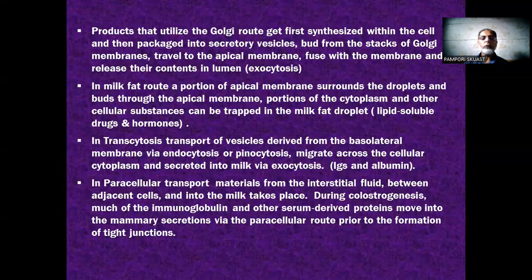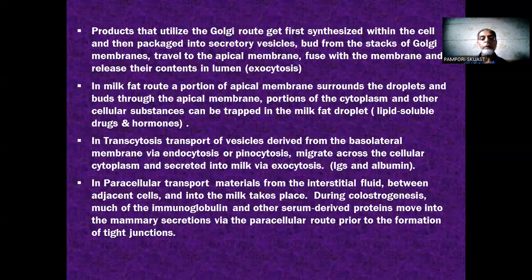Then transcytosis transport, that is, vesicles derived from the basolateral membrane via endocytosis or pinocytosis migrate across the cellular cytoplasm and are secreted into the milk via exocytosis. For example, immunoglobulins and albumin are taken into the mammary gland epithelial cells by a process we name pinocytosis or endocytosis.